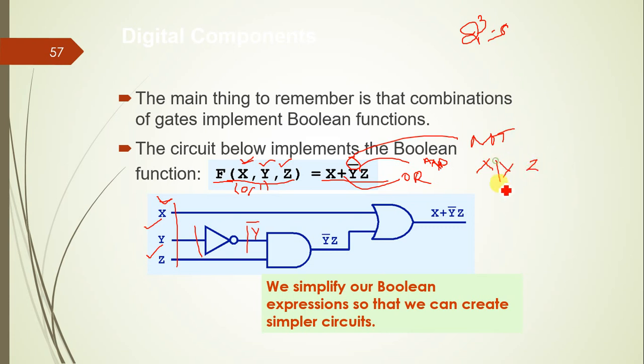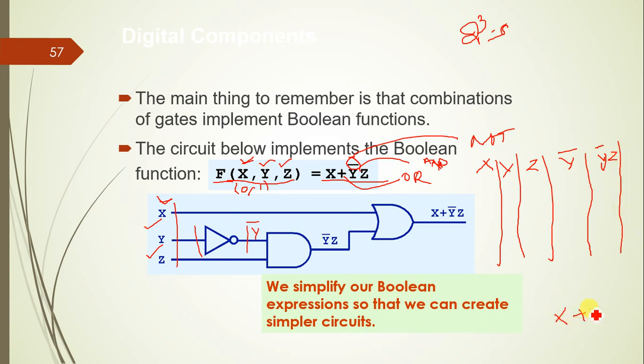Next is y complement, followed by y complement into z. The final column would be x plus y complement into z. Make sure that you put a dot or something so it will be easy for you, but it's not required all the time.